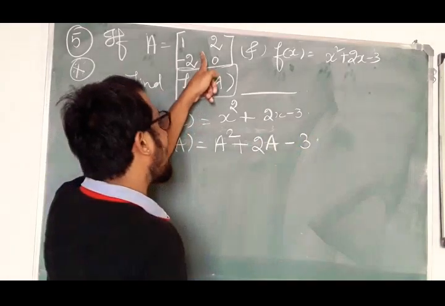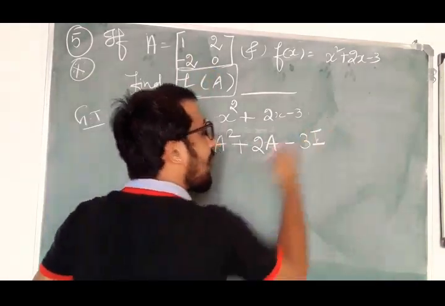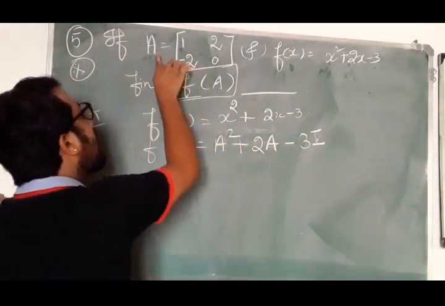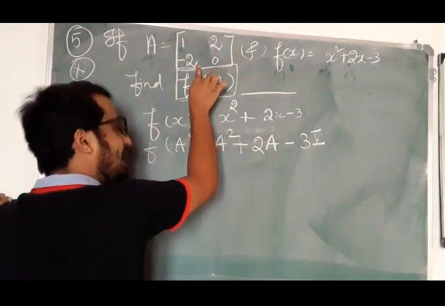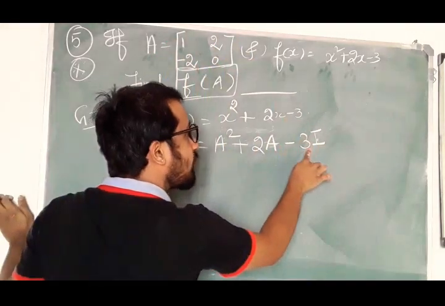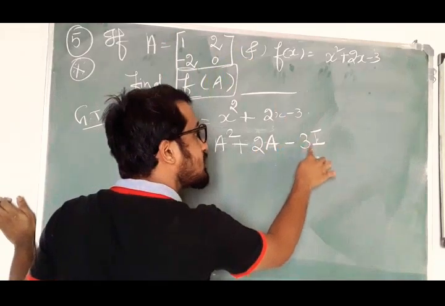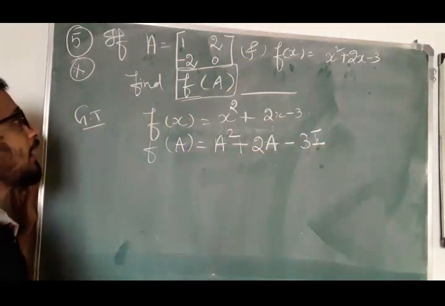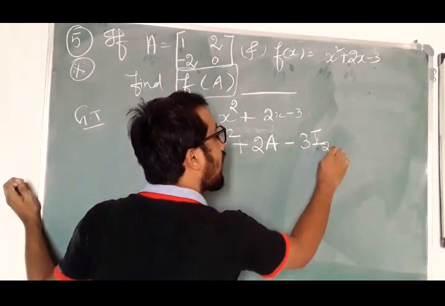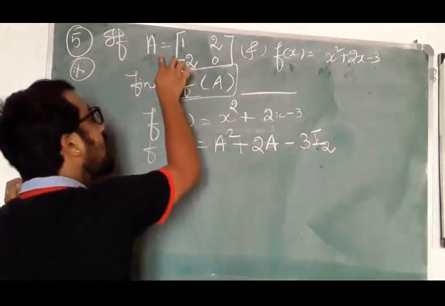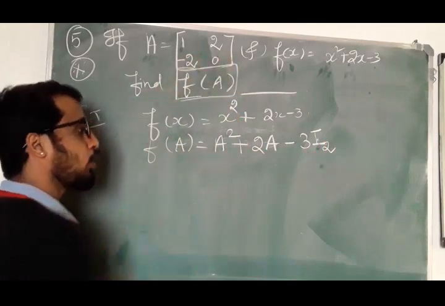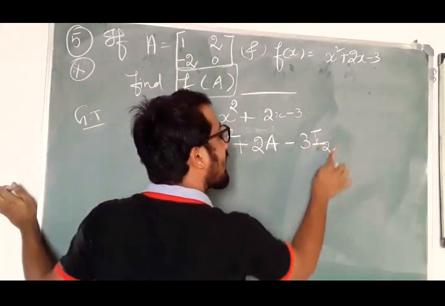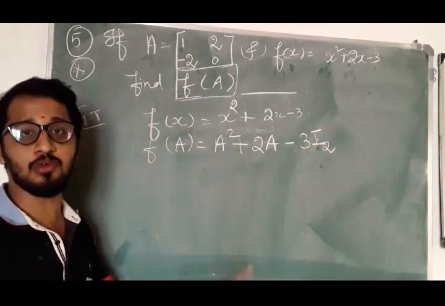In terms of matrices, I have to write 3I, because the given A is in matrix form, so I have to write the constant in identity matrix form. Identity matrix form is of order 2, since the given matrix A is of order 2 by 2, that's why the identity matrix of order 2 by 2 we have to choose.